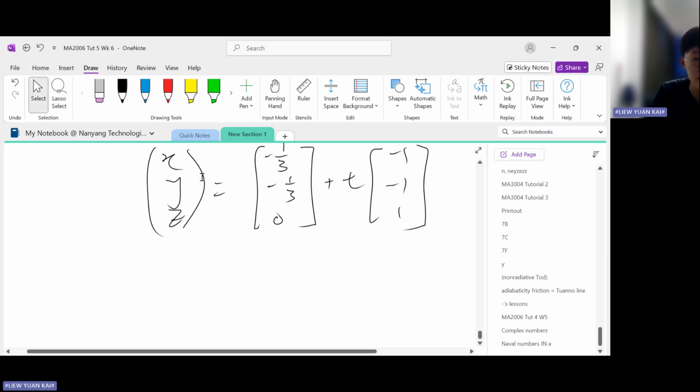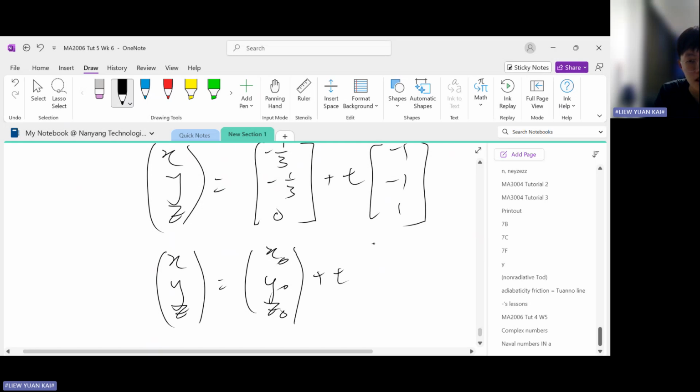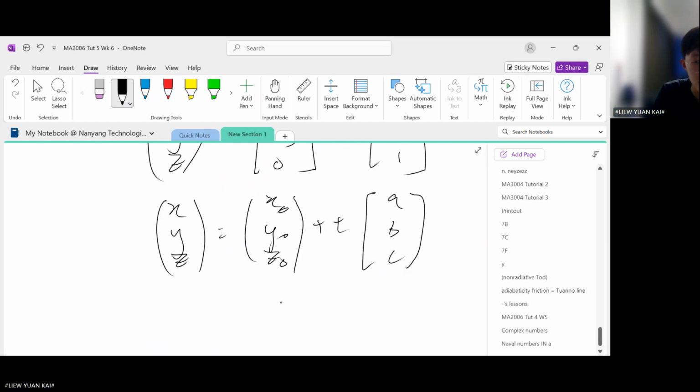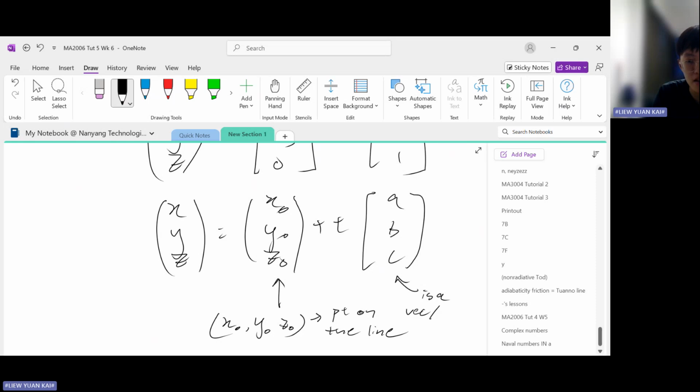Remember that any straight line has the parametric form x naught, y naught, z naught plus t times a, b, c, where x naught, y naught, z naught is the coordinates of a known point on the straight line, and a, b, c is a vector parallel to the line.